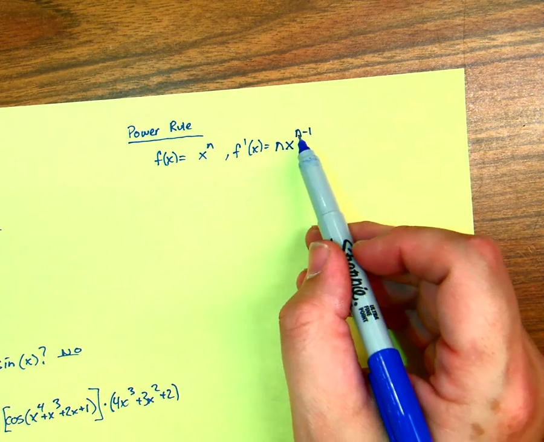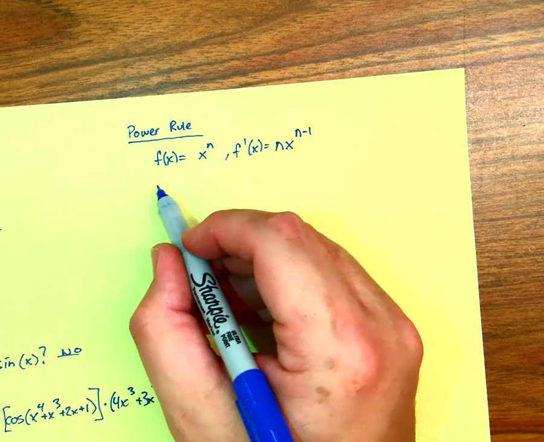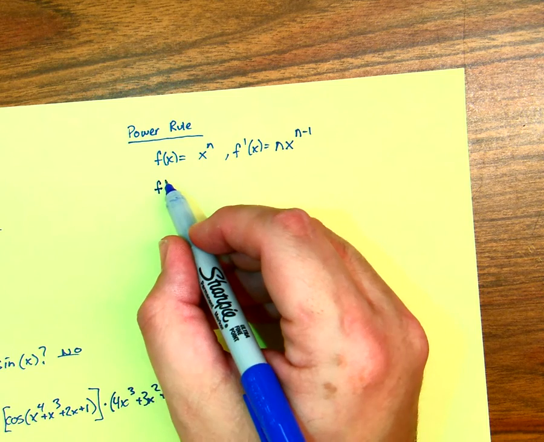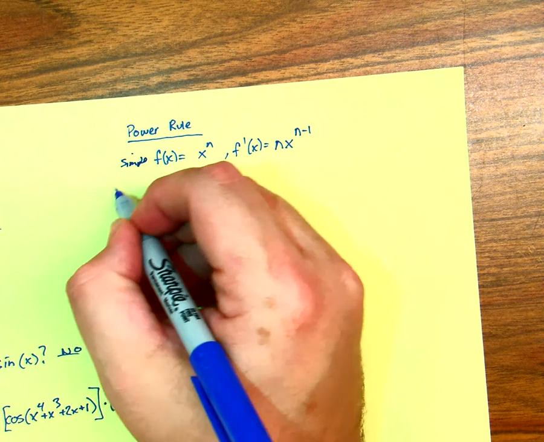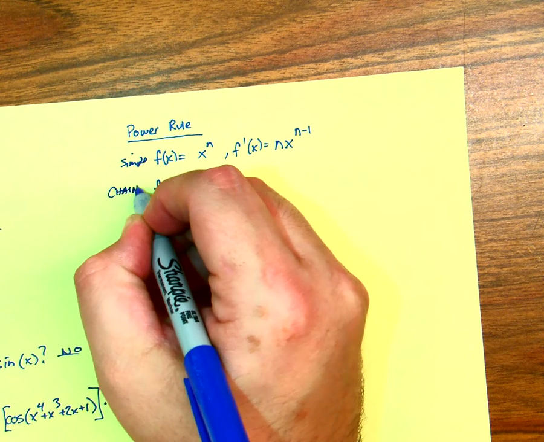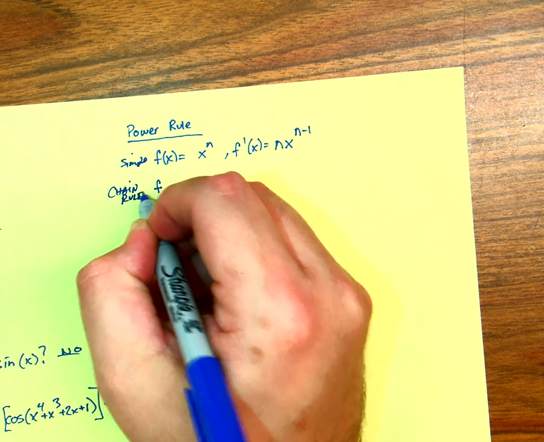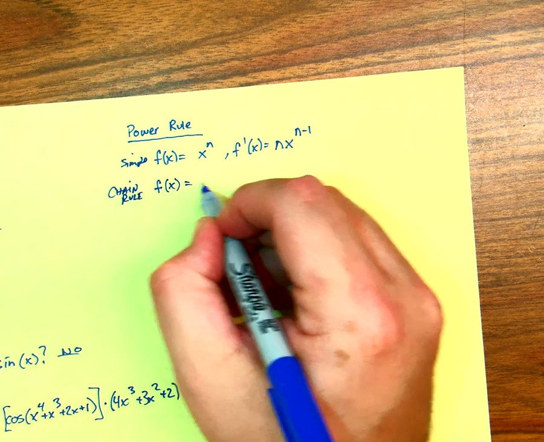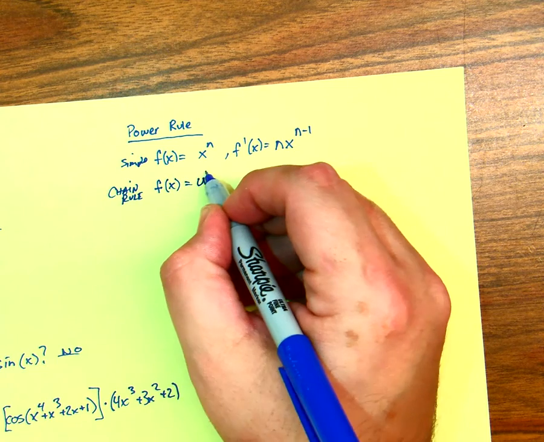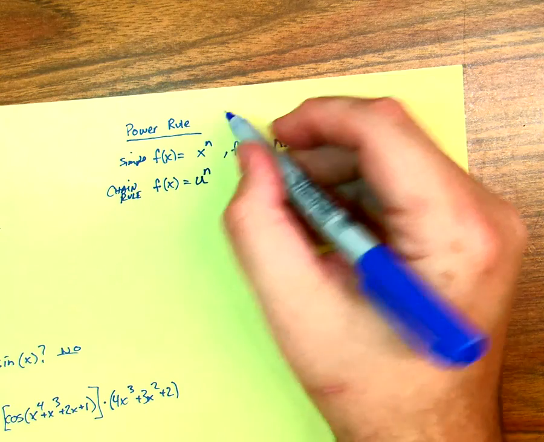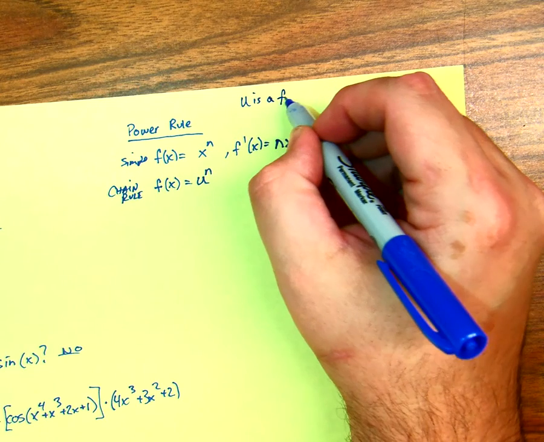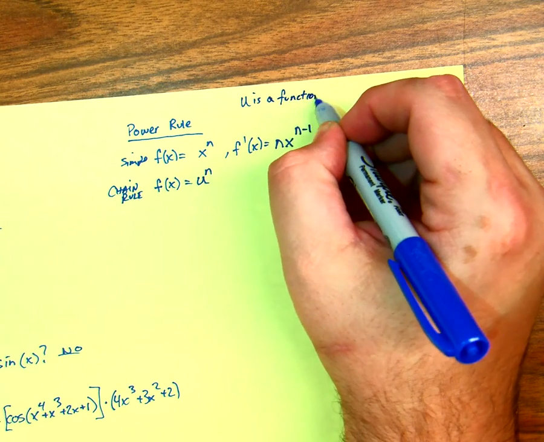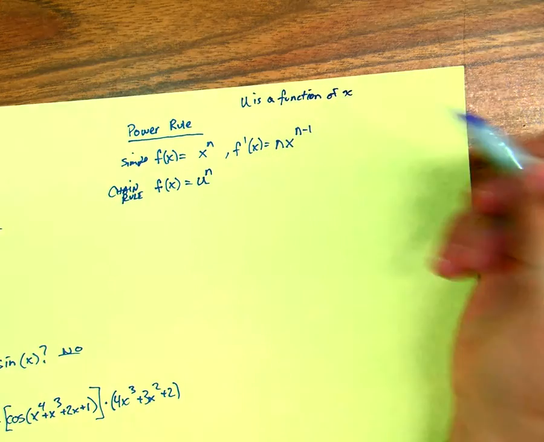Now I'm going to say this is the simple power rule, and this is the chain rule. f of x is going to be equal to u to the n, and we'll say u is a function of x. So u can be anything at all.